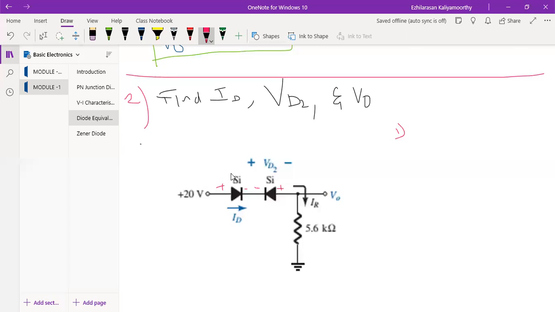Fine, then I will consider this diode 1 and this diode 2. I can summarize that D1 is forward bias, correct? For D1, positive is connected to positive.